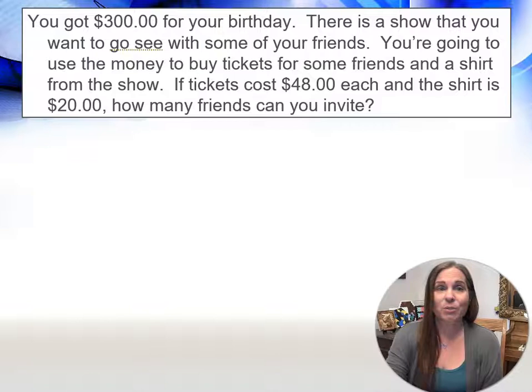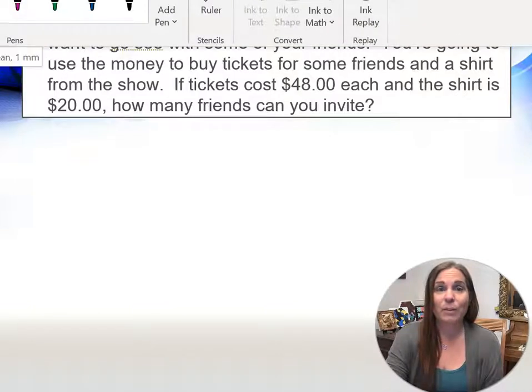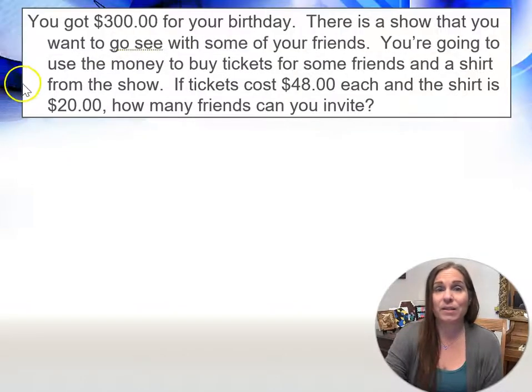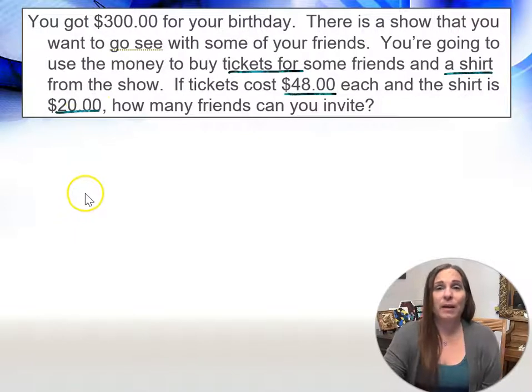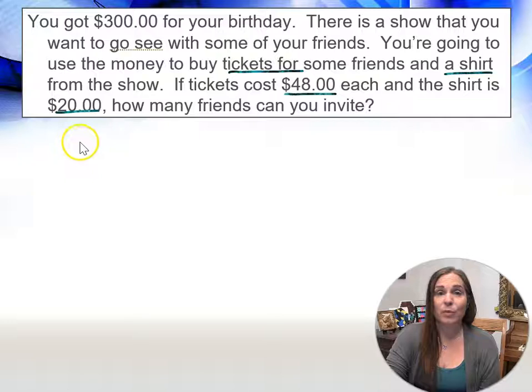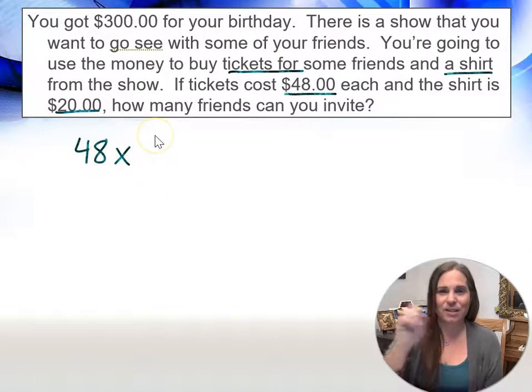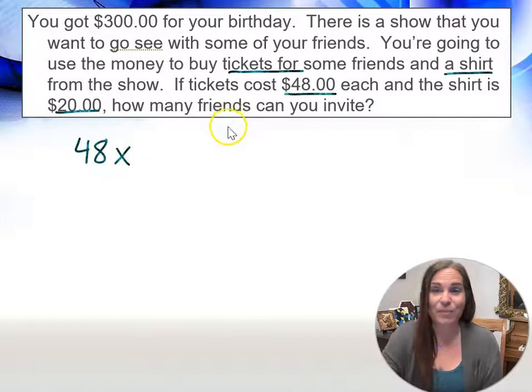So again, we're going to write an inequality for the amount of money that we're going to spend. So we're going to buy tickets that are $48 each and a shirt that's $20. So I'm going to buy tickets for friends, right? So I'm going to spend $48 per ticket. I'm going to use X because I don't like to use T because it looks too much like an addition symbol.